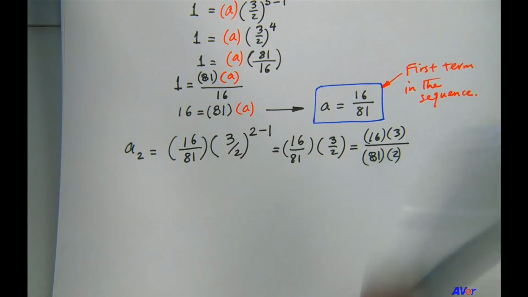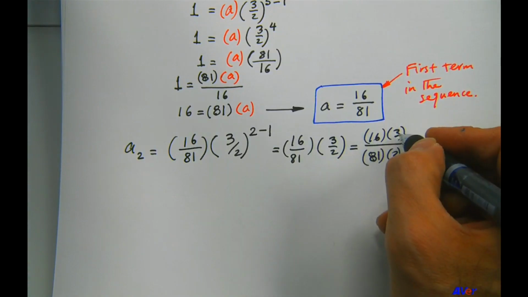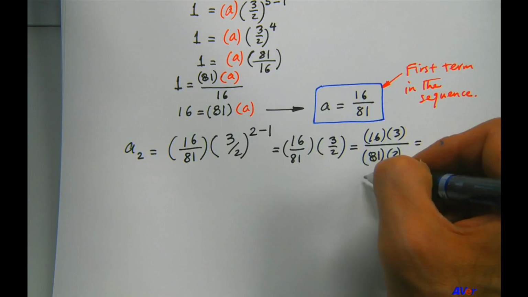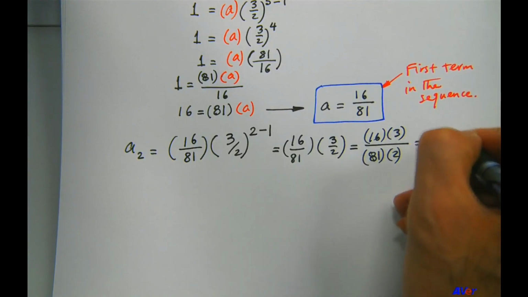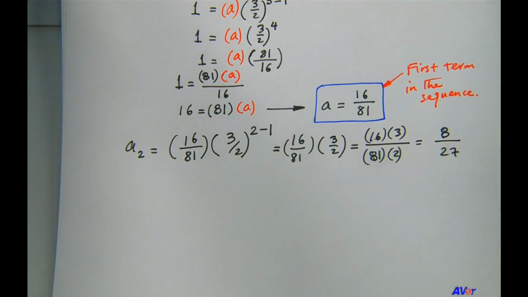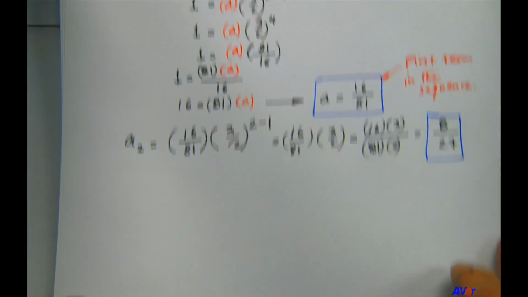So we can simplify this. 2 is a common factor of 16, and 3 is a common factor of 81, so that's 27 actually. So we get 8 divided by 27. So that's the second term, or A2.